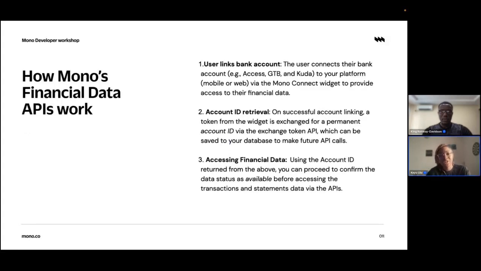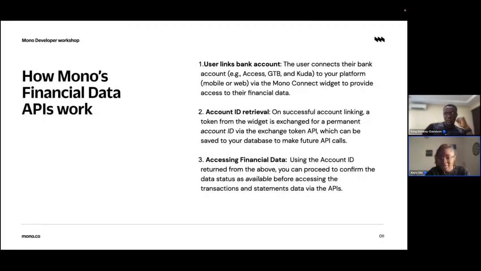So how does Mono's financial data API work? Just to give you a background, even though I'm still going to show you a demo of this: the user basically links their bank account at their legacy bank, like Access Bank, GT Bank, and all the rest. Once the account is successfully linked via the Mono Connect widget, a token is retrieved from that widget and then exchanged for a permanent ID that you, as the business, save to your database to make future API calls.